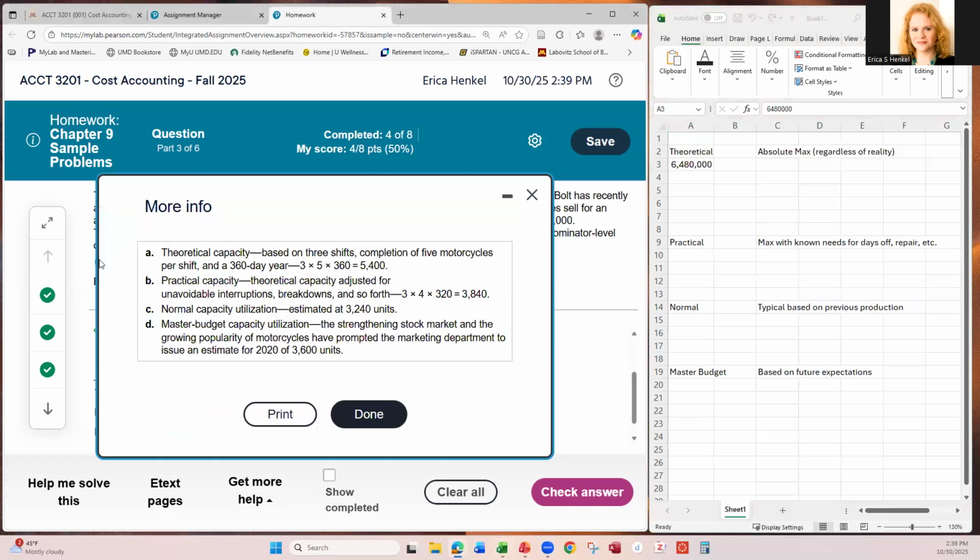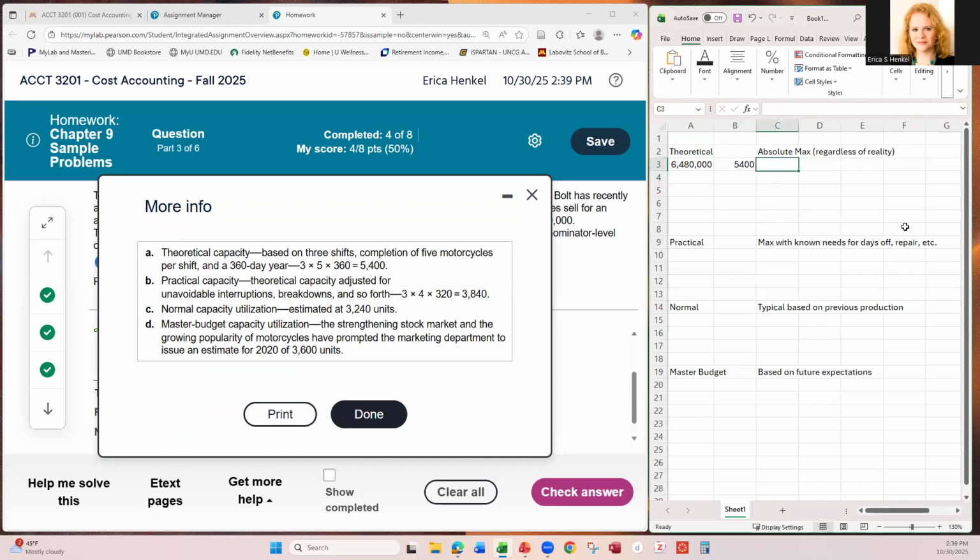Looking at this, we've got theoretical capacity, which is based on 3 shifts, completion of 5 motorcycles per shift, and a 360-day year. So theoretical capacity of 5,400 units here.